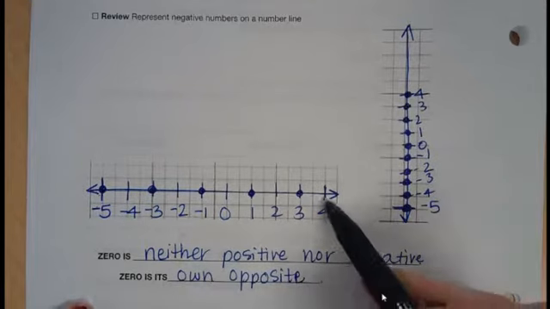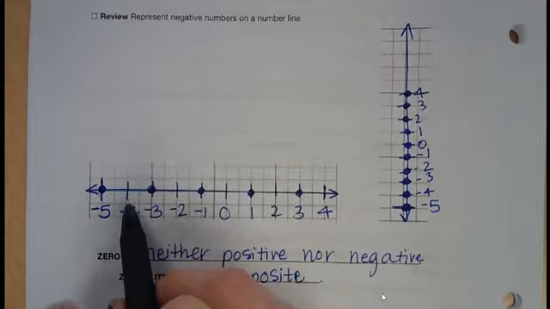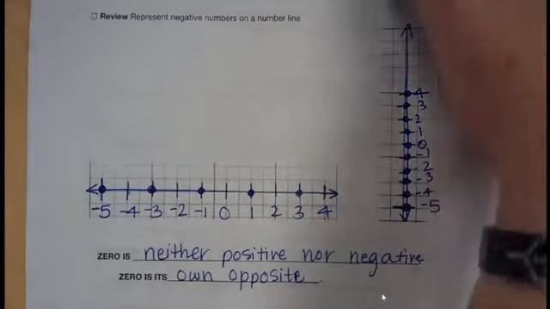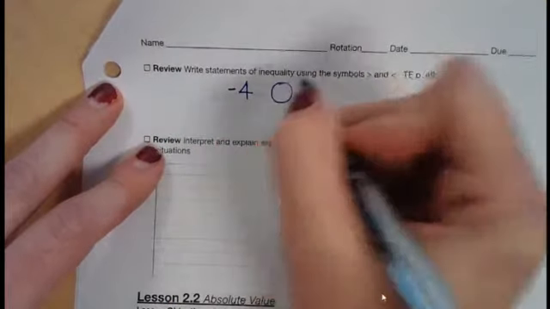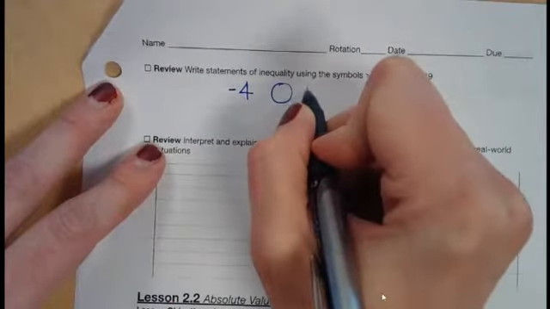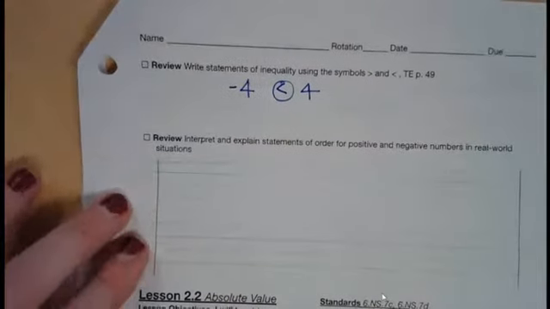So if I were to ask you what's the opposite of 4, you would give me -4. Okay, and then we have statements of inequality. So I might do something like, is -4 greater or less than 4? And you would say it's less than.